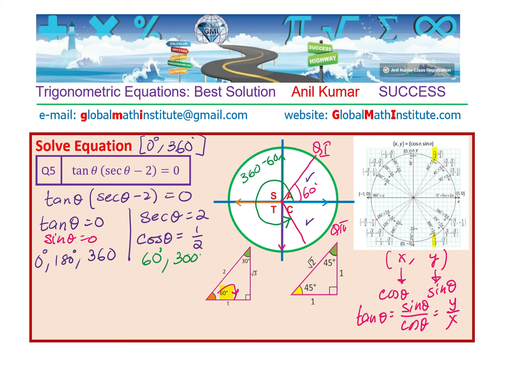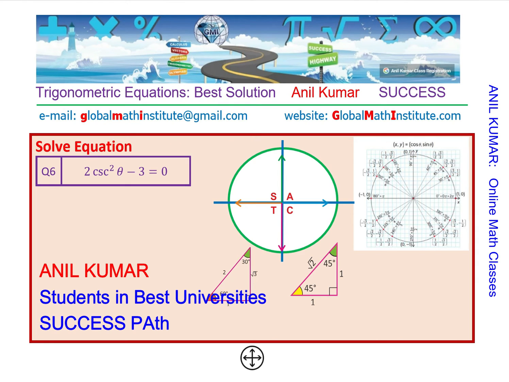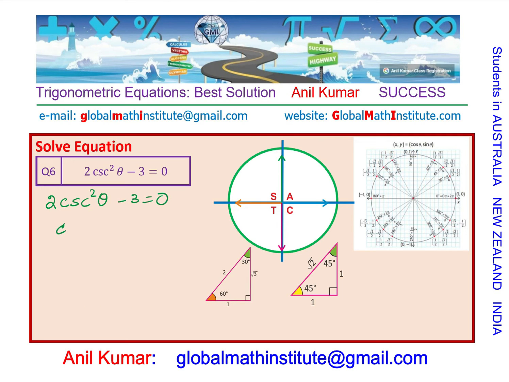Perfect. Now here we'll take another example, which is cosecant square theta, right? Now I think you are an expert and you can take your own decision which method to follow, which not to follow. Anyway, let's go to this question now, which is 2 cosecant square theta minus 3 equals to 0. So we have cosecant square theta equals to 3 divided by 2, right?